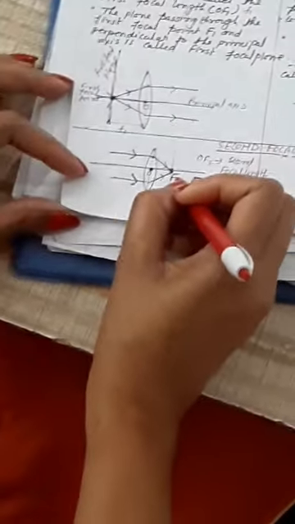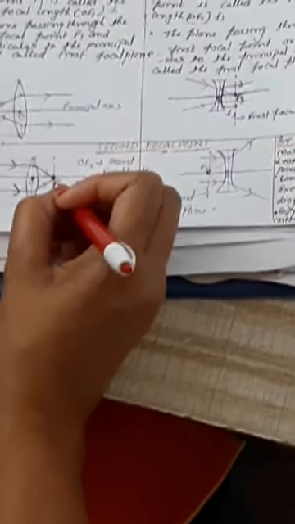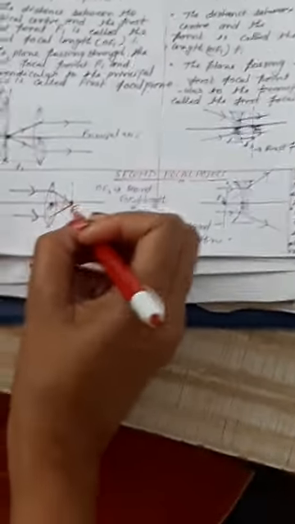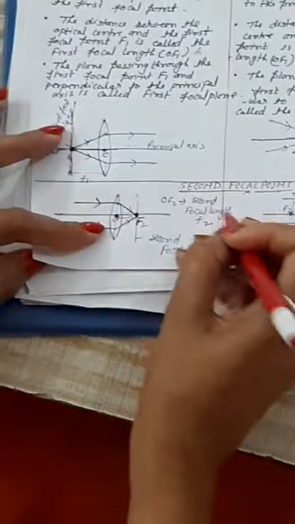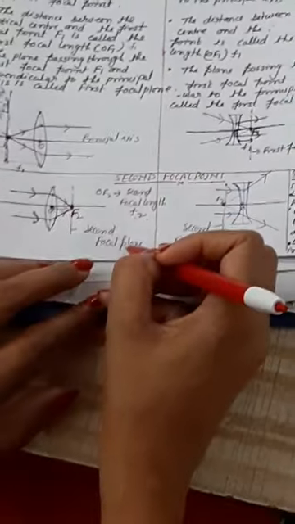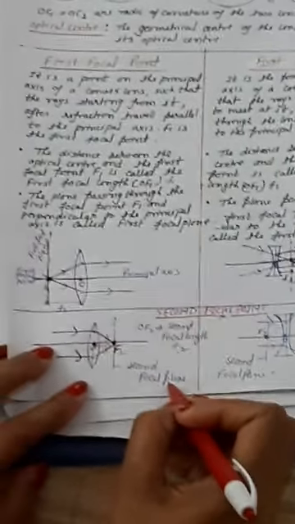This point is known as the second focal point, F2. In the same way, the distance between the optical center and second focal point is known as the second focal length, f2. And how do you find the second focal plane? In the same way, a line that passes through the second focus and is perpendicular to the principal axis is known as the second focal plane.